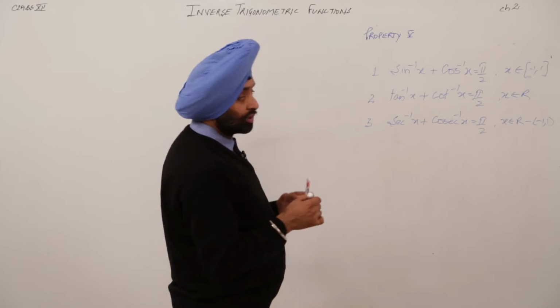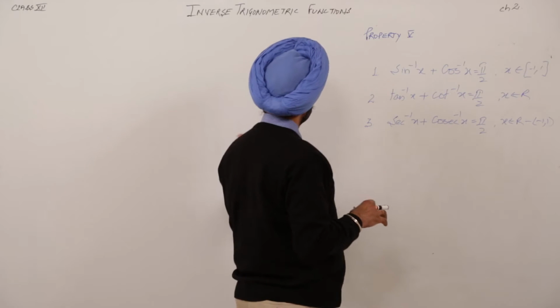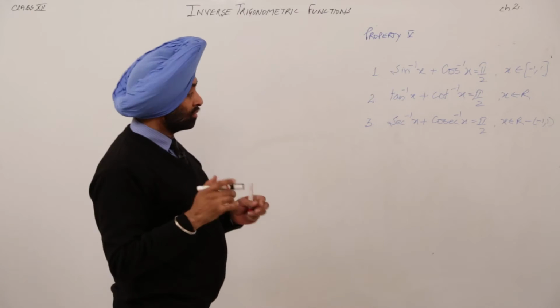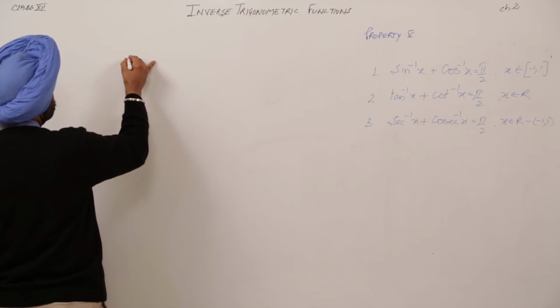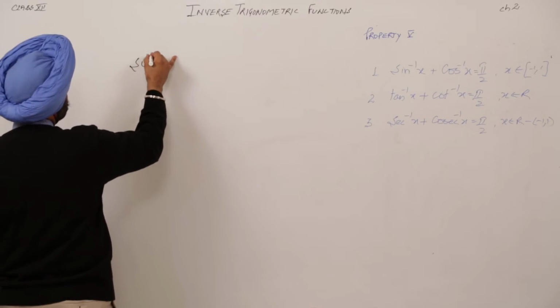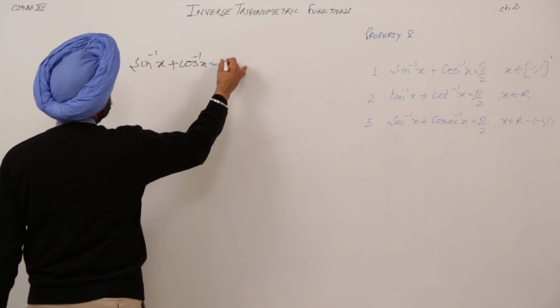Now let's prove it. Before proving, let me give you something in a little bit of detail, not too much. Suppose we have to prove sine inverse x plus cos inverse x is equal to pi by 2.